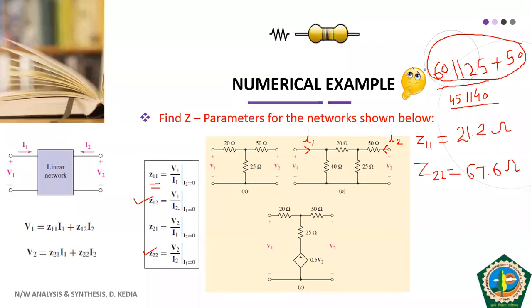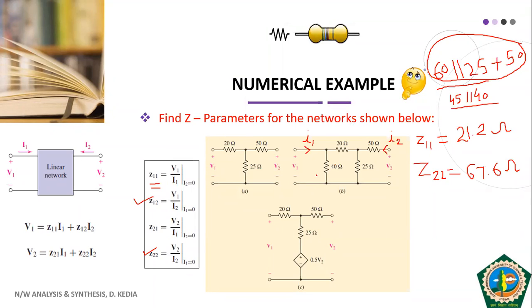You'll have to feel the circuit, how you can find out these parameters. Only then will you be able to find these parameters in a faster manner. Otherwise, you may get stuck with nodal analysis, mesh analysis, KCL, KVL. But if you practice, you could directly come to the solution.